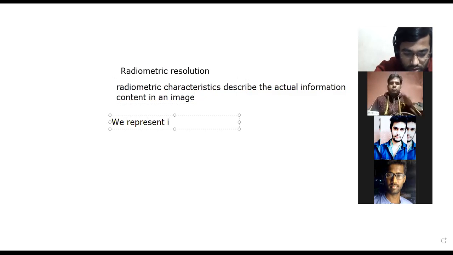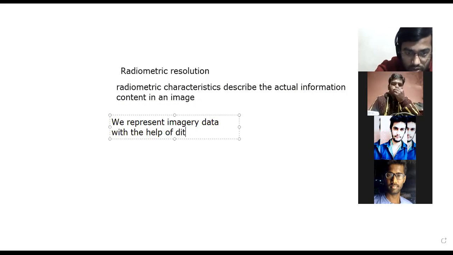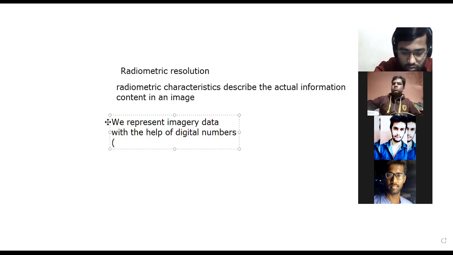We represent imagery with the help of digital numbers, which may vary from 0 to a power of 2.